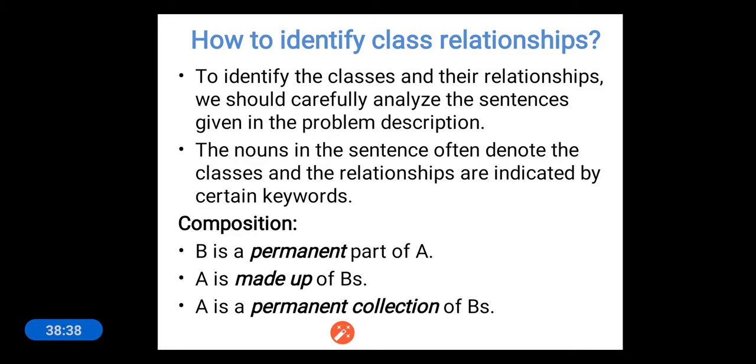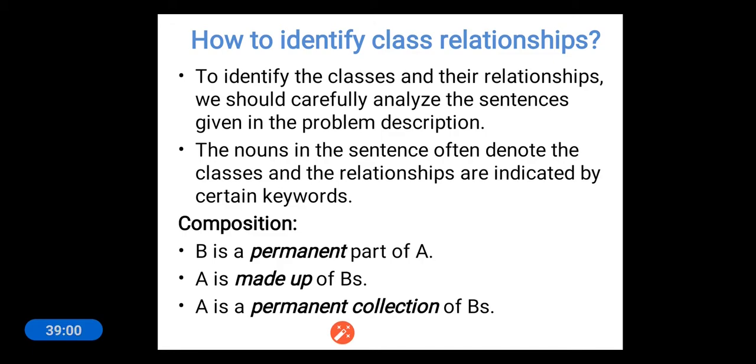For example, if there is a composition relationship between two classes, then the classes may be described in the problem description like: B is a permanent part of A, A is made up of Bs, or A is a permanent collection of Bs.